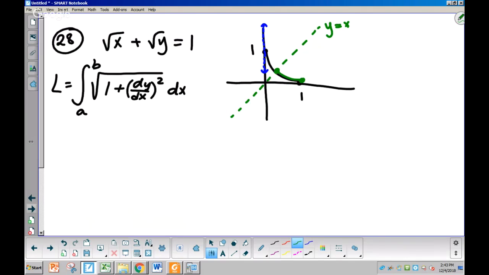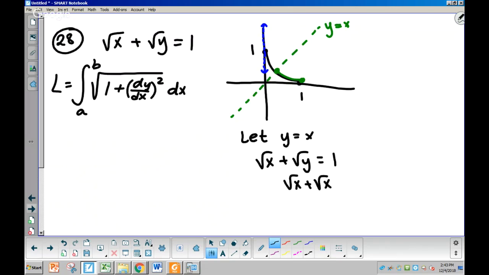Why doesn't the derivative exist? Because you have a vertical tangent here. Wouldn't the derivative not exist if the other one also? Well, the derivative there is 0, isn't it? The slope is 0. Okay, so what happens to my equation if I let y equal x? If I have square root of x plus square root of y equals 1, this would be root x plus root x equals 1, 2 root x equals 1, root x equals 1 over 2.